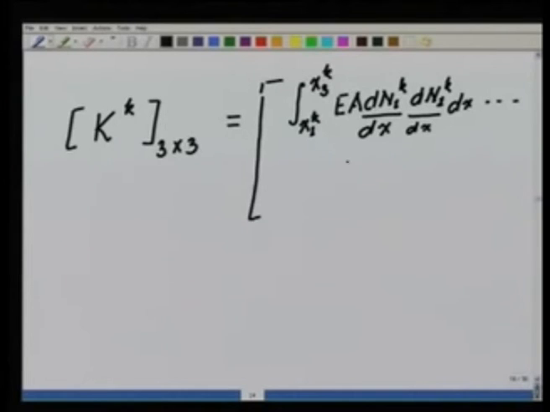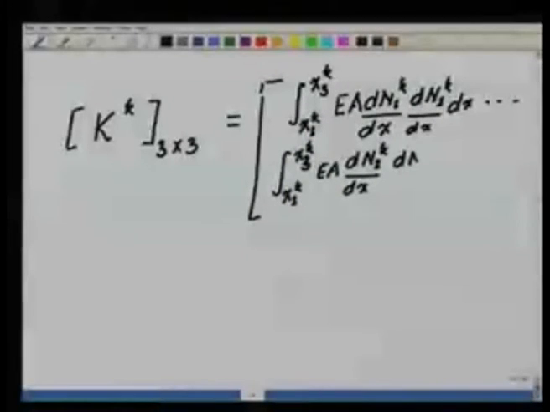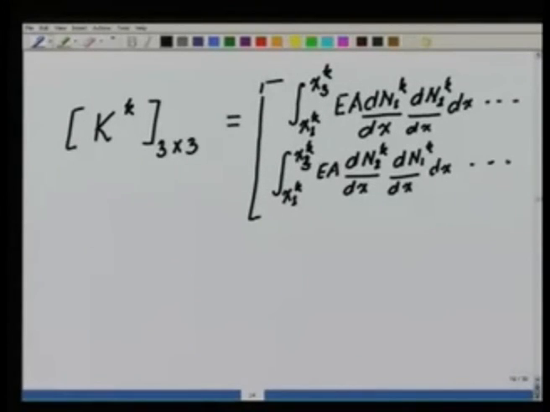And similarly, if I come here to the second row, it will be integral x1k to x3k of EA d n2k dx d n1k dx and so on. And the third row will have integral x1k to x3k of EA d n3k dx d n1k dx. You see the limits of the integration are from one extremity of the element to the next extremity of the element.